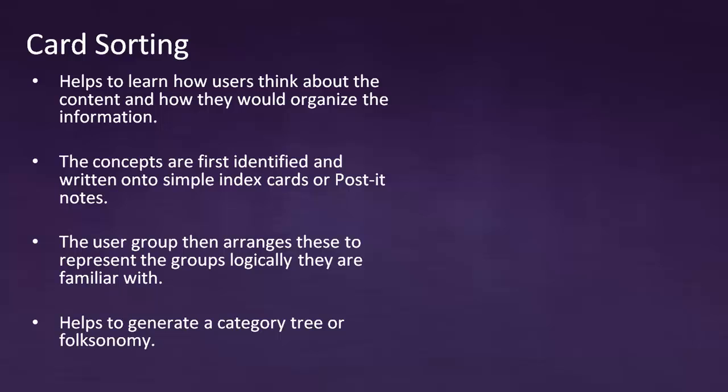Card sorting helps to generate a category tree or taxonomy. It is a useful approach for designing information architecture, workflows, menu structure, or website navigation paths. To learn more about card sorting, please watch my card sorting lecture video.